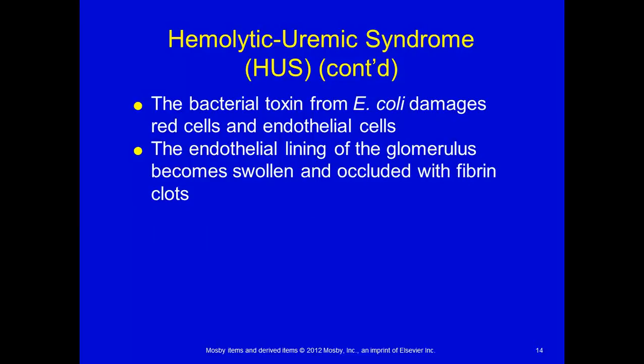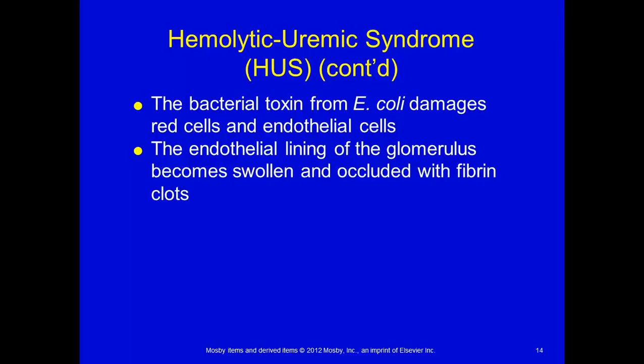Okay, so the reason that you're going to see what you see in hemolytic uremic syndrome, which is different than the other kinds, is that the bacterial toxin, usually from E. coli, damages not only the endothelial cells of the glomerulus, but also damages red blood cells and sometimes platelets.